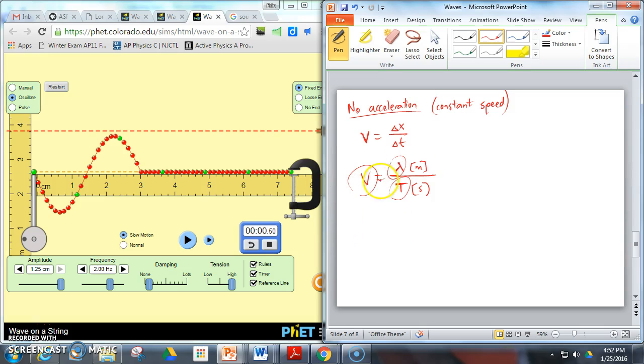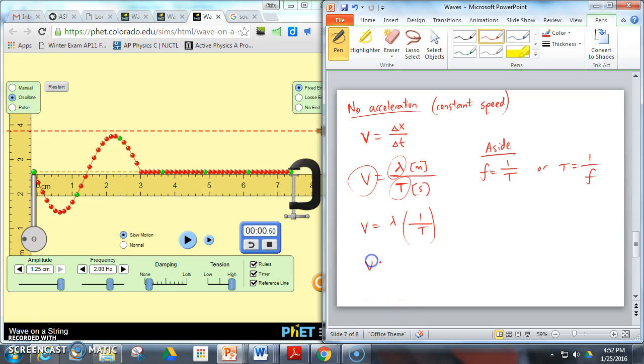Now if I wanted an equation that could relate speed, wavelength, and frequency, let's use our relation between period and frequency, and I can say frequency is 1 all over the period. You can write it either way. And I can rewrite this line this way.